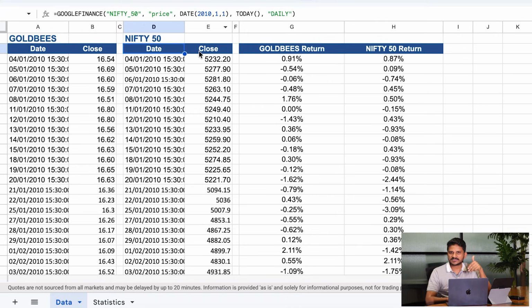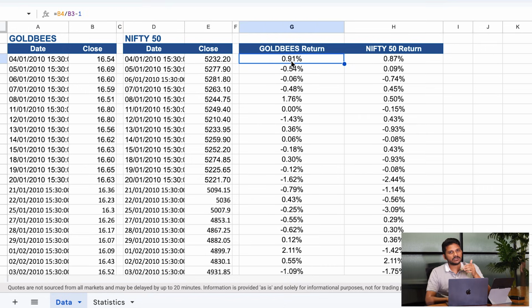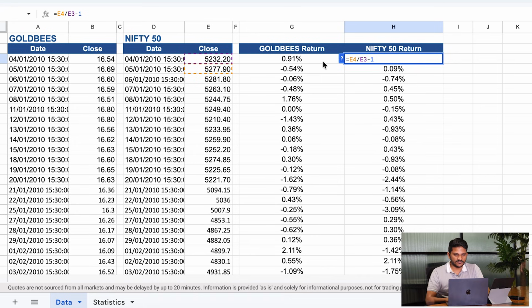So once you get these close prices for each of these assets, you calculate the daily return of both Goldbees and Nifty 50. So essentially B4 by B3 minus 1 gives you the daily return of Goldbees, and similarly E4 by E3 minus 1 gives you the daily return of Nifty 50.